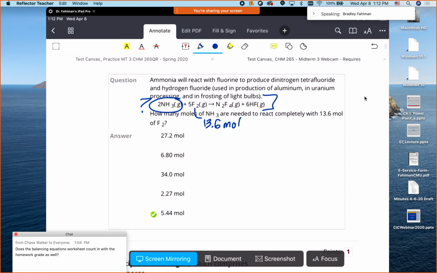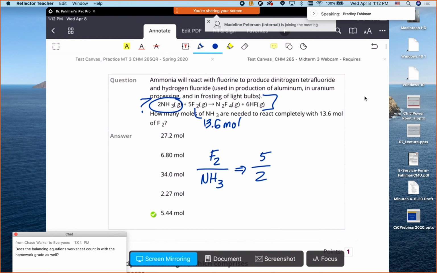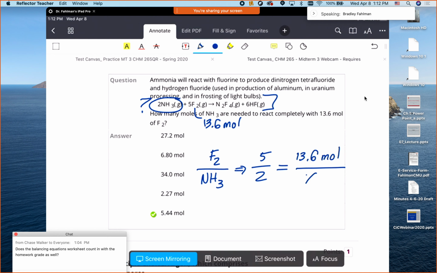Okay, and so this one, it's an easier question because you don't have grams that you're starting with. And so it's just really going to be that ratio. Okay, so fluorine to ammonia is your 5:2 ratio. So if you have 13.6 moles of fluorine, then how many moles of ammonia?